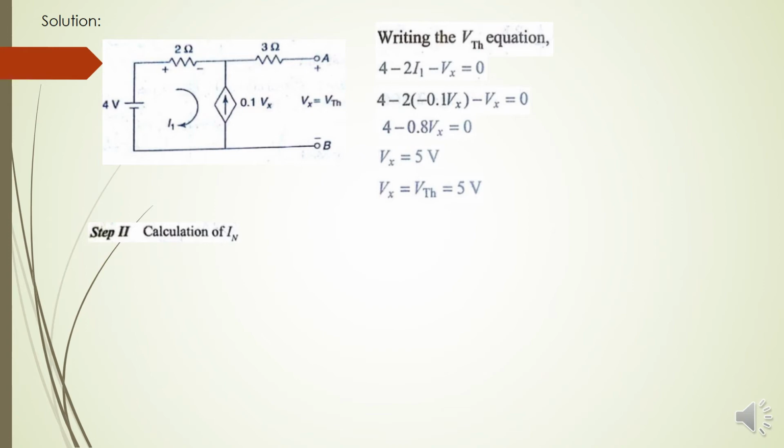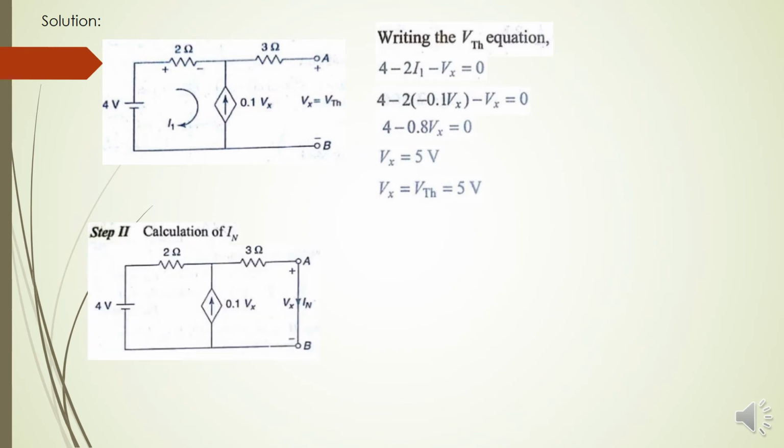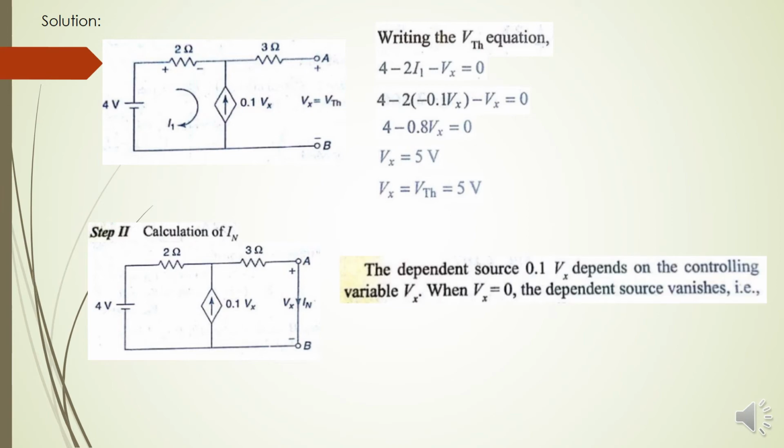Step 2. Now we will calculate the Norton's current. To calculate the Norton's current, you short circuit the terminals A and B and mark the current IN. The dependent source 0.1 Vx depends on the control variable, which is Vx. Vx is across the points A and B, and there is a short circuit.